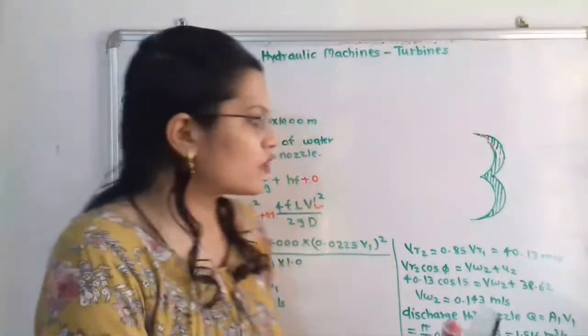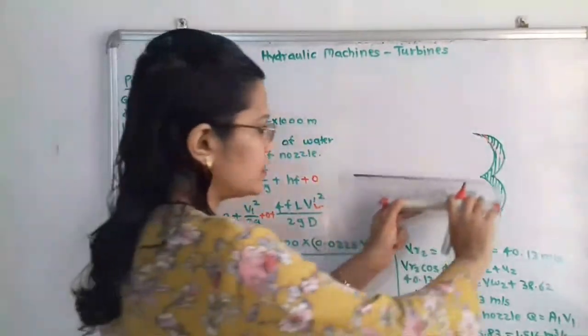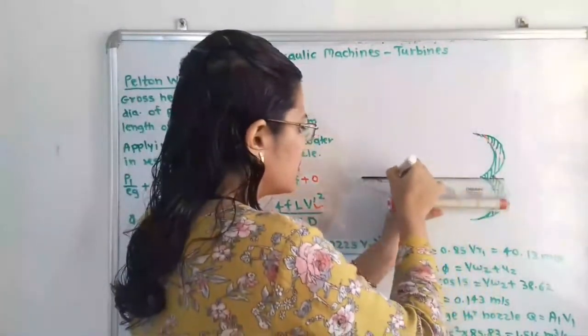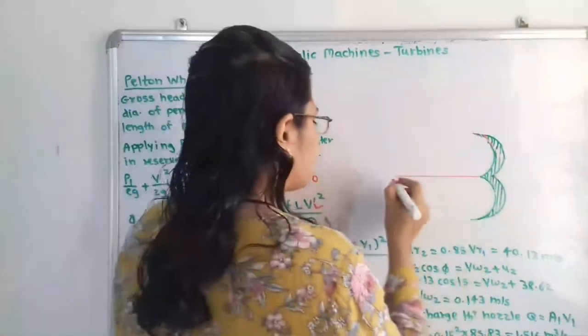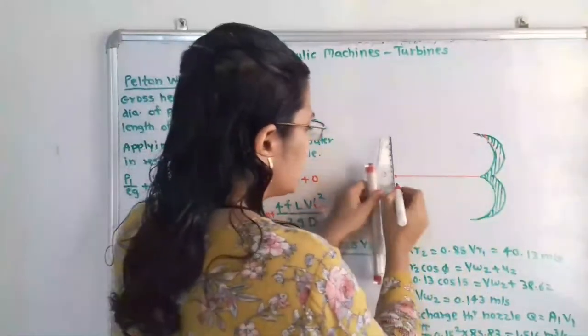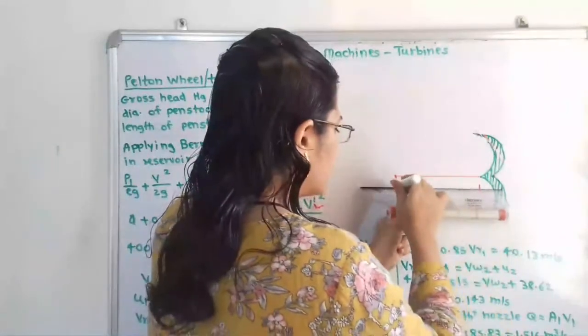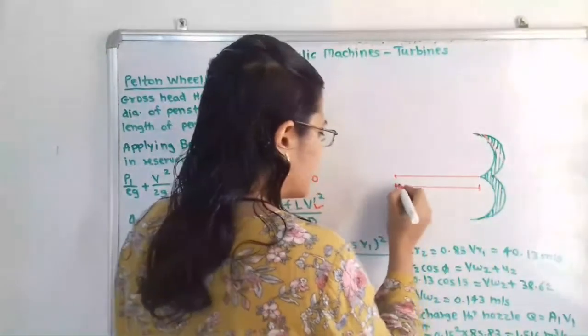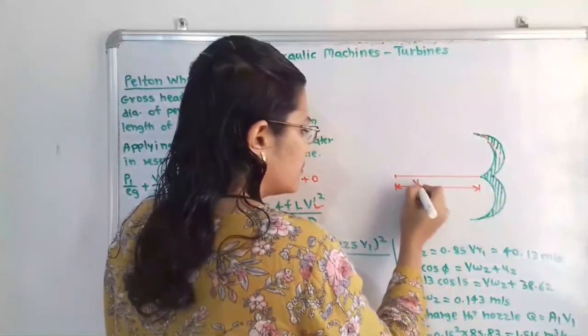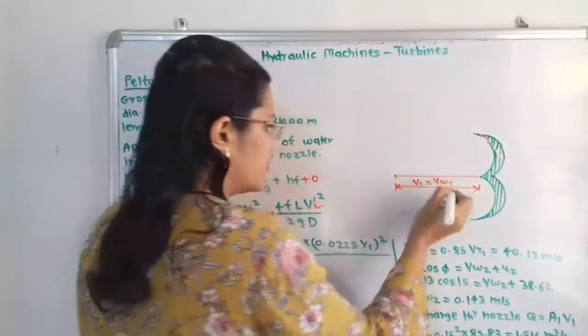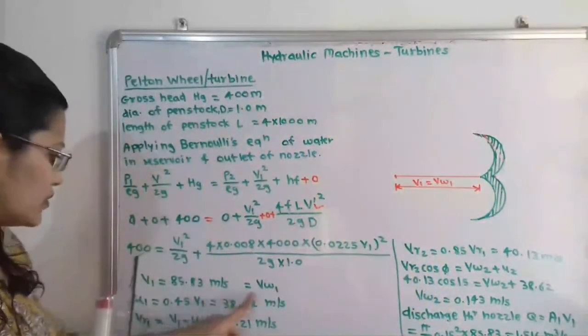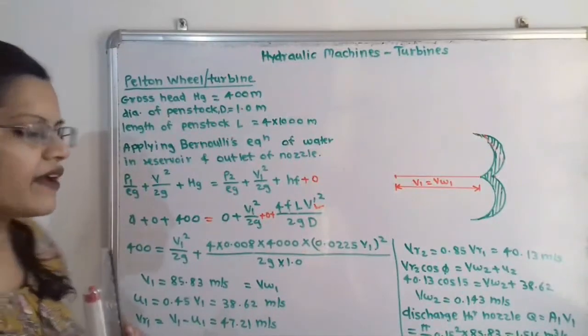Now I will draw the velocity diagram. Here is the value of V1, and that is also equal to VW1, so we have to show that. V1 is equal to VW1, and that value we have calculated. Now what is the value of U1?